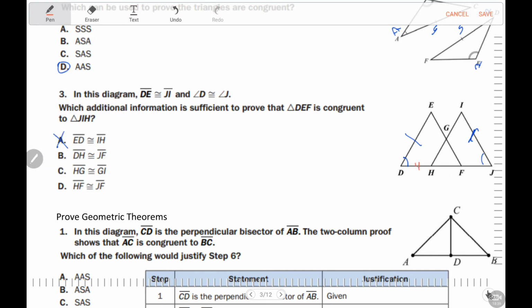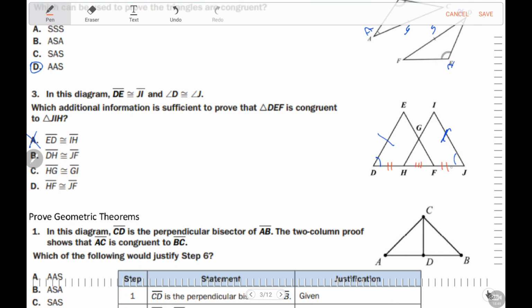If we said that this was congruent to this, then since HF is in both of the triangles, we already know that that's congruent to itself. And if I knew that, for instance, say this is 3, and DH was 5 and this was 5, then I know DF would be 8 and JF would also be 8. So they'd be the same.